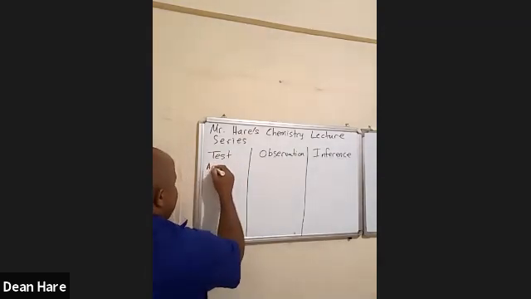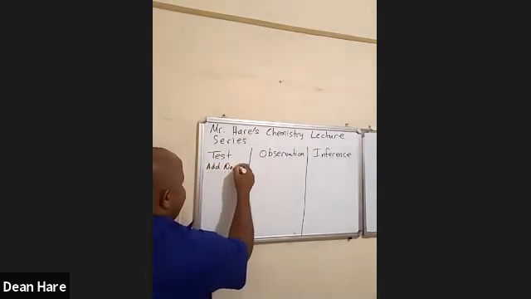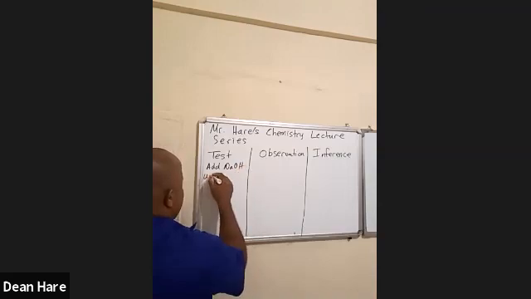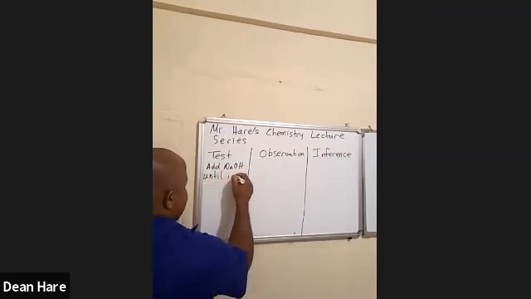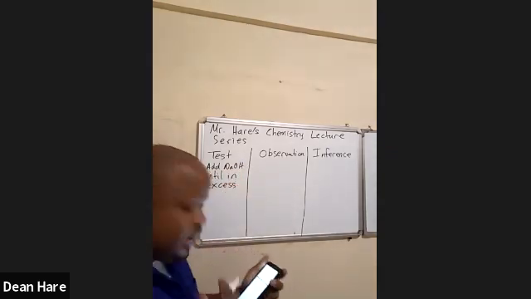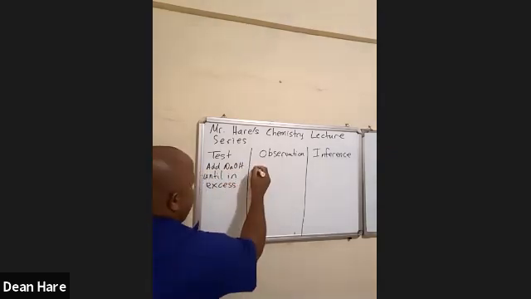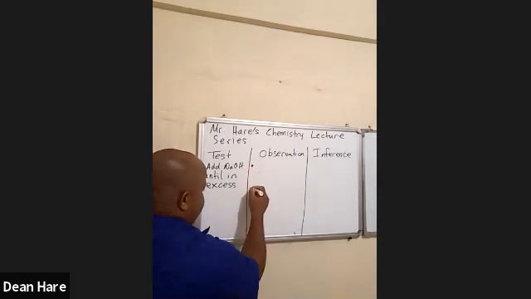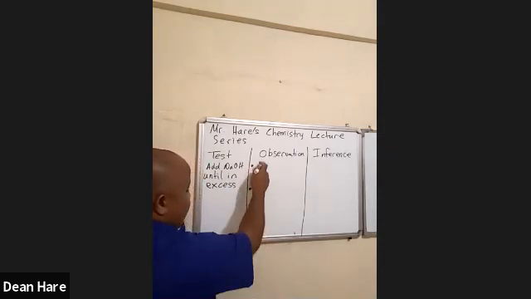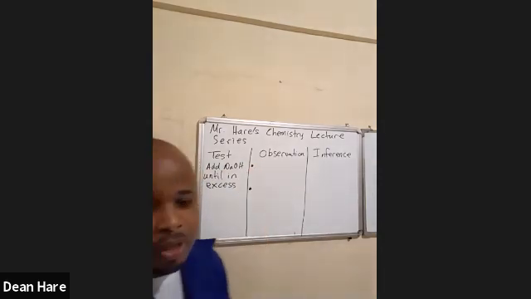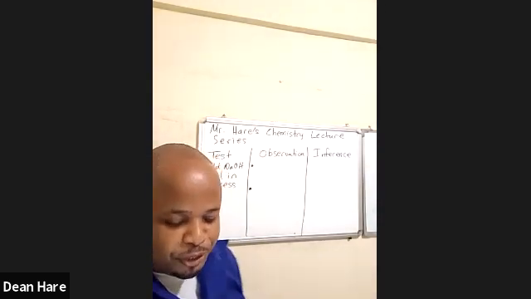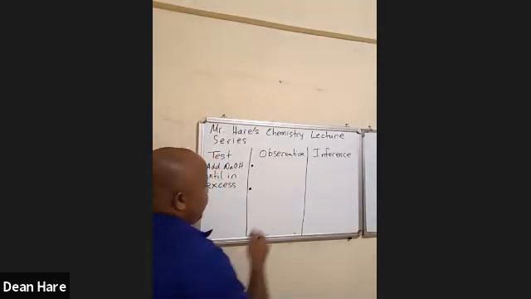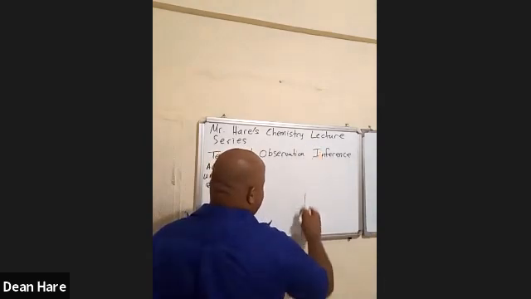So we are going to add sodium hydroxide until in excess, right? And for the inference, we have 2 points. Where you see the 2 points, that means you must have 2 sets of observation. And they gave us 2 sets of inference.